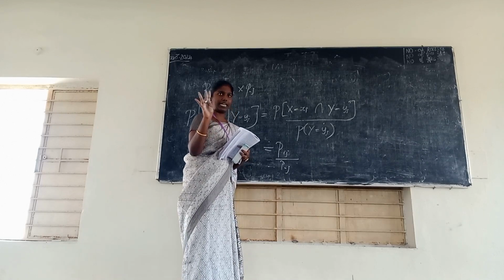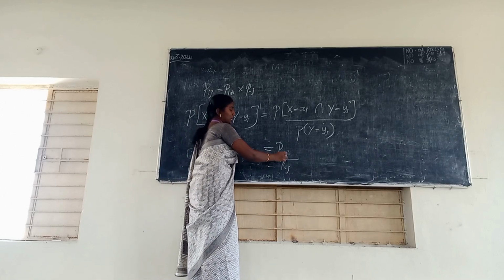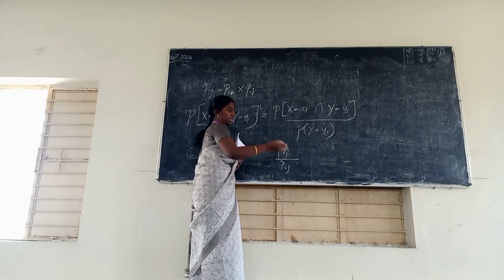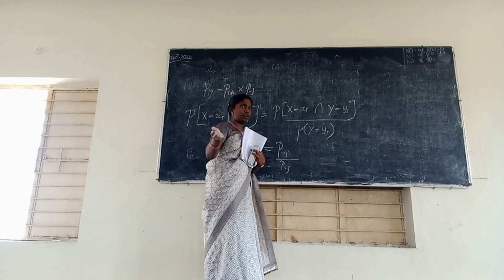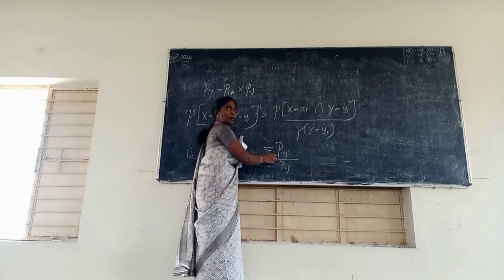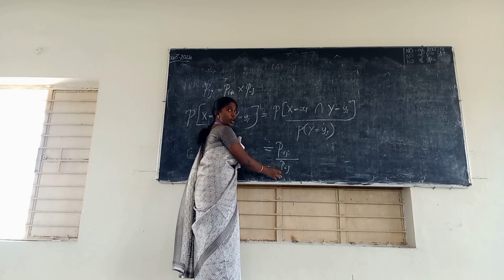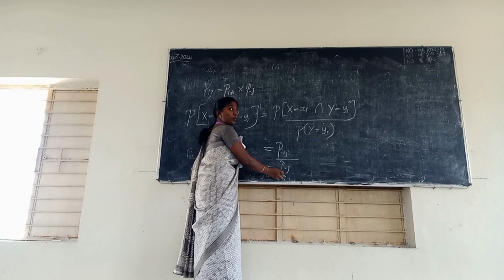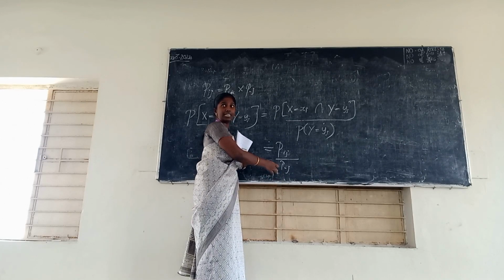Now is it clear? Here it is just a general form, not numbers like 1, 2. Just ij, where i varies and j also varies. So this is the joint probability of xi and yj, and this is the marginal probability of y. Okay. Is it clear?